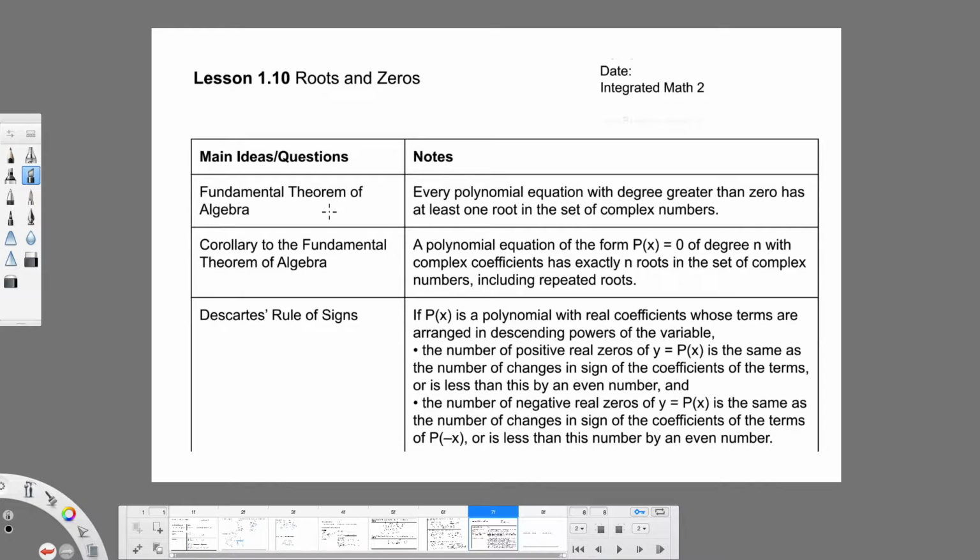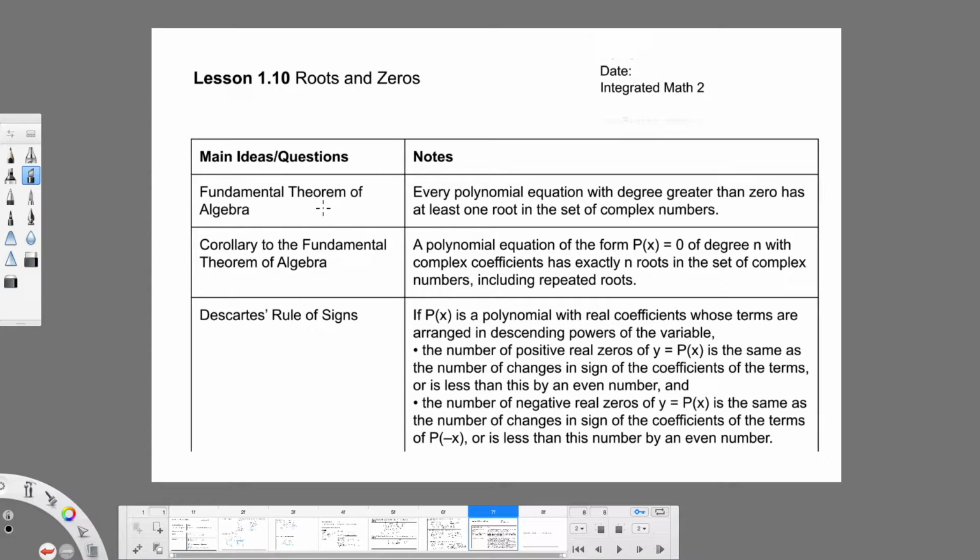So this is a way of determining how many types of roots we have. We're not actually going to practice this one on these examples. We may get into this a little bit more in some future sections, but right now, we're just introducing this idea.